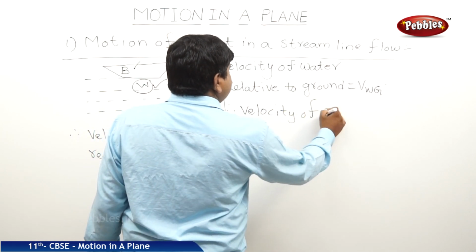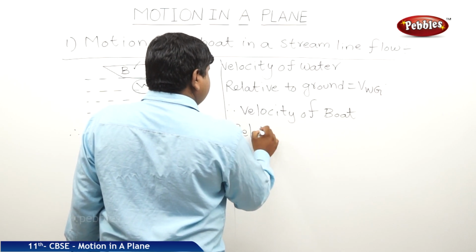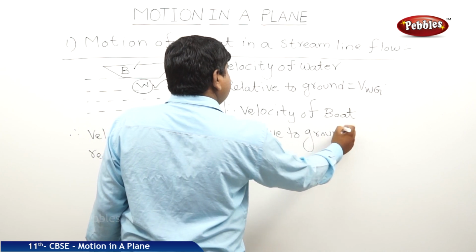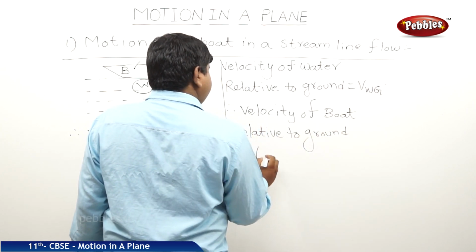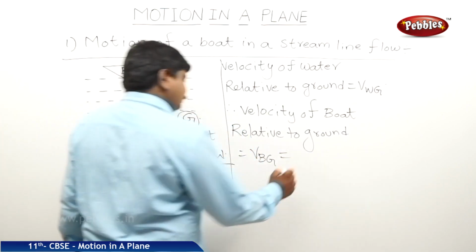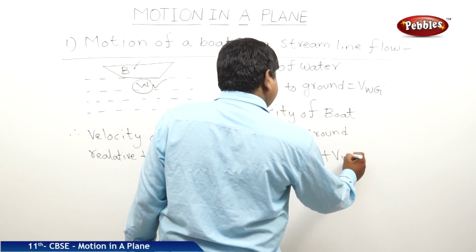Velocity of boat relative to ground, VBG is equal to VBW plus VWG.